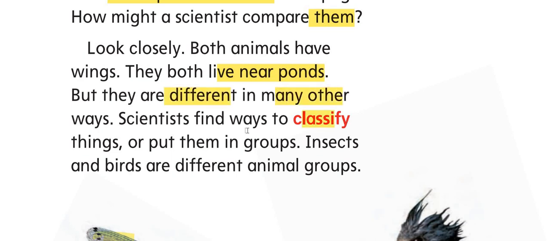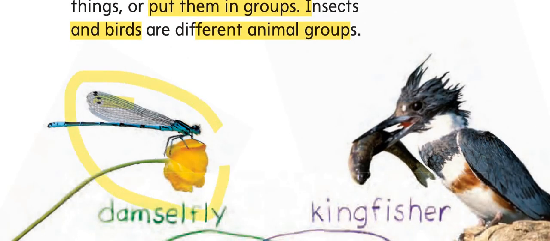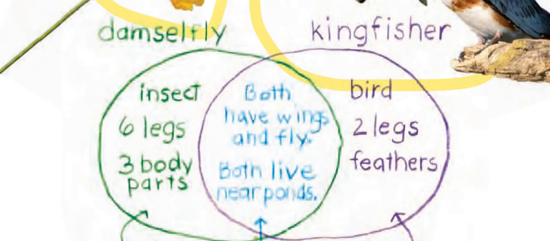Scientists find ways to classify things, or put them in groups. Insects and birds are different animal groups. This is the insect and this is the bird. So they have different animal groups. Okay, so both of them have wings and fly. Both of them live near the pond, and they are different.